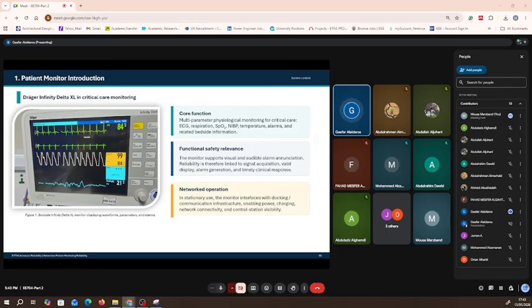In stationary use, it interfaces with docking and communication infrastructure that supports power, charging, network connectivity, and central station visibility. Reliability in this project means more than whether the monitor turns on. It includes signal acquisition, valid parameter display, alarm generation, network communication, and the ability of the central station to support staff awareness and response.